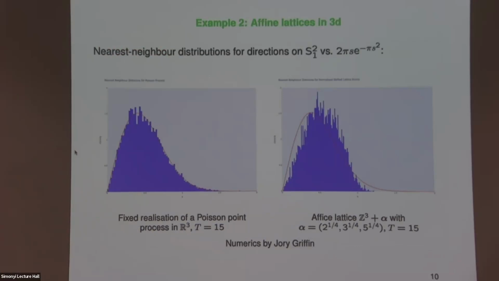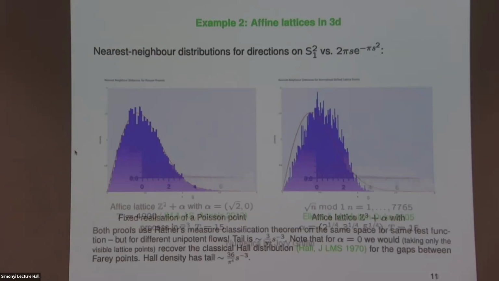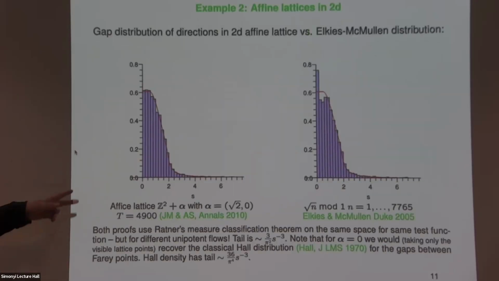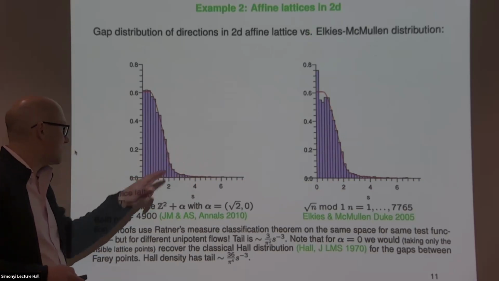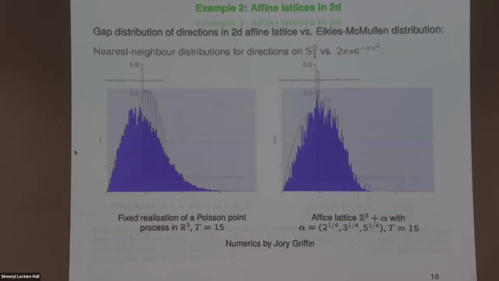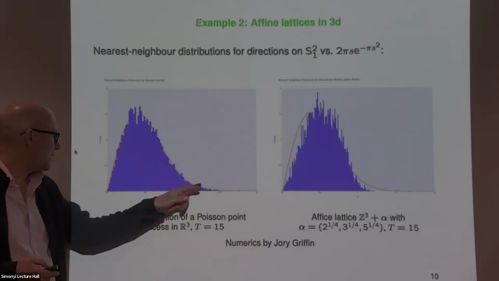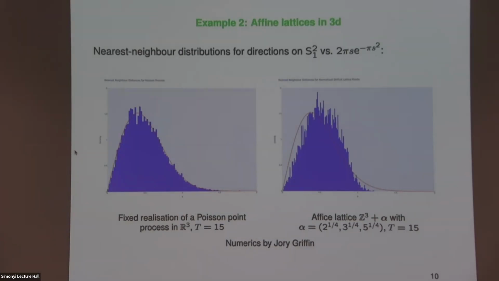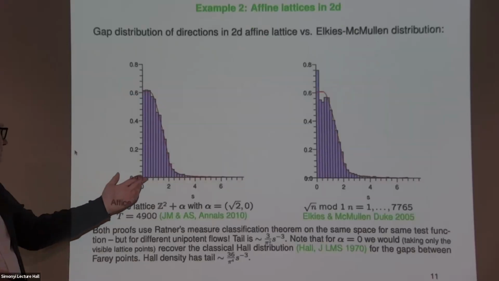Now these are the two histograms again that I showed you, and you see the distribution really looks different. In 2 dimensions, we can actually work out the formulas for the limiting gap distribution. I should have maybe emphasized this: this is the formula for the nearest neighbor distribution of points on the sphere, one of the most natural statistics.